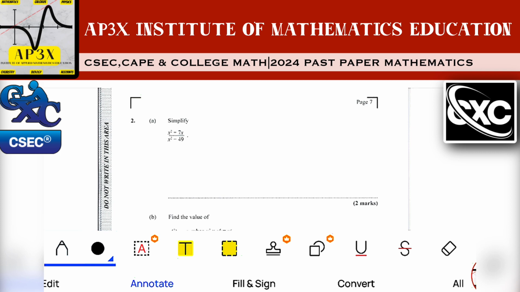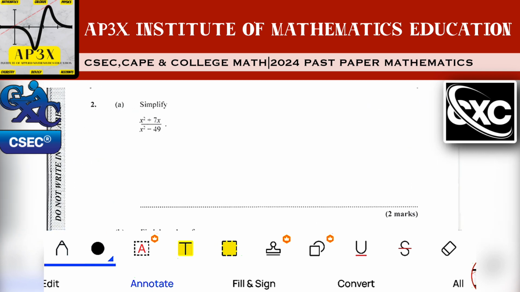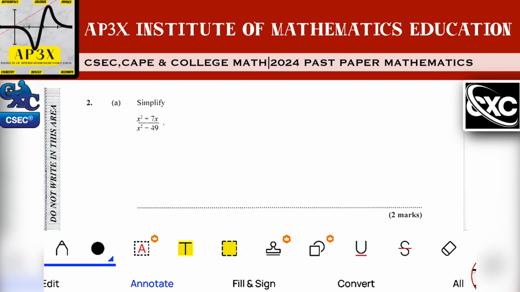And this is where we meet the algebra section of the paper. So here we say simplify x squared plus 7x all divided by x squared minus 49. So we have to simplify this.